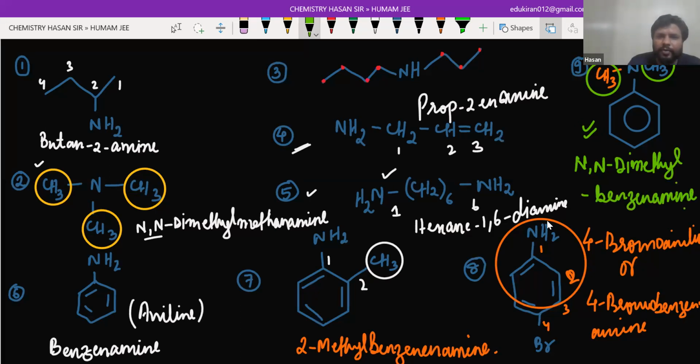And this one you can see the three. This will be your branch, and this will be your parent chain. So we can write N-propylbutanamine. Is that clear? You can write N-propylbutanamine.